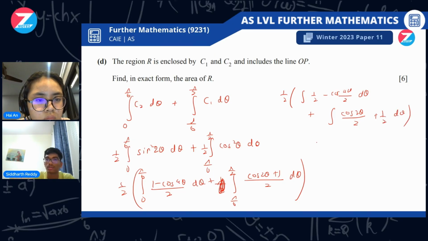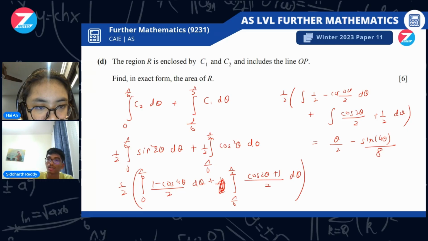Okay, so just evaluate this. It's going to be theta by 2 minus, so integration of cos will be sine, so minus sin 4 theta and divide by the coefficient of theta, which is going to be 8.